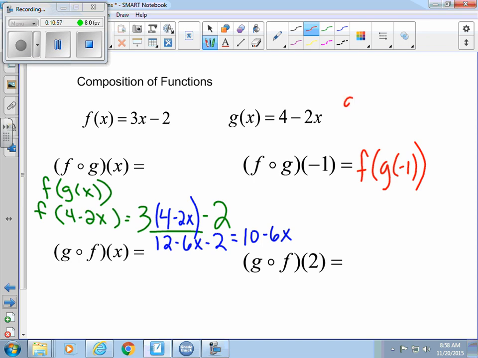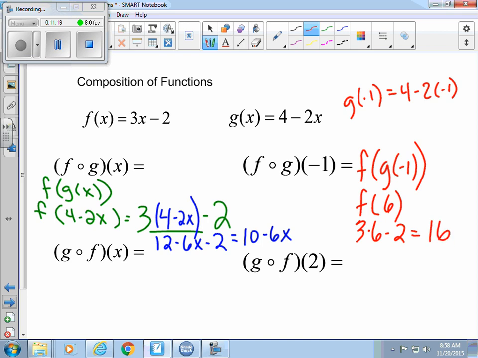So side note, g of -1 is 4 minus 2 times -1, or 6. So I'm going to find f of 6. I'm going to go into that function. 6 times 3 is 18. That's how composition of functions works.